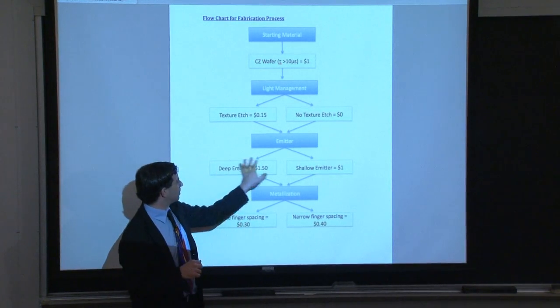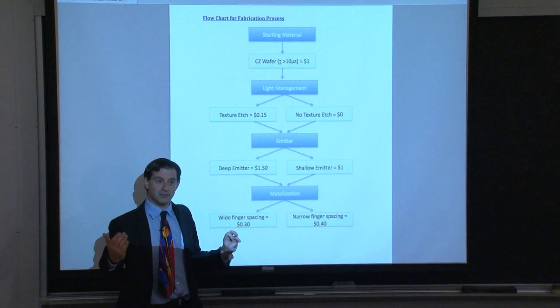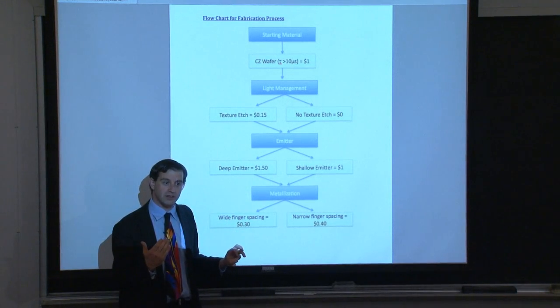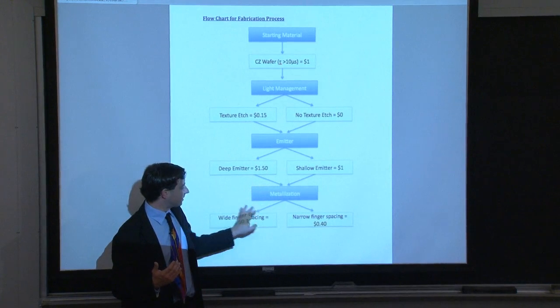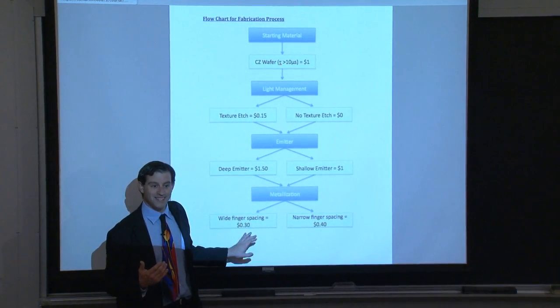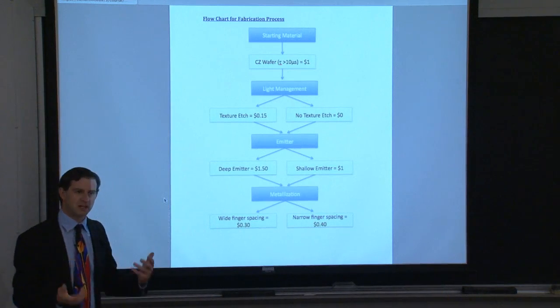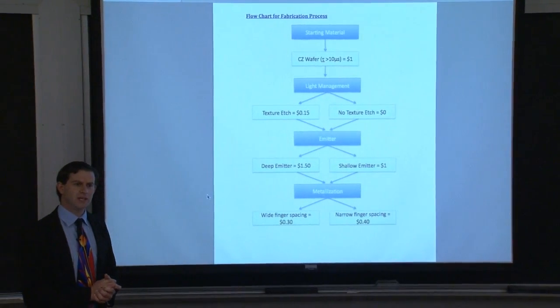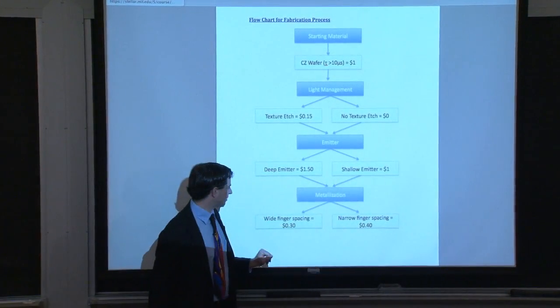Whereas if you decide to go for a deep emitter, it stays longer inside of the furnace because the phosphorus will diffuse deeper inside of the device. Your blue response will be poorer, but you'll have less risk of shunting. So it's up to you to use all of the tools that you've assembled so far to make a value-based judgment whether or not it makes sense to go with this or that as your selection choice.